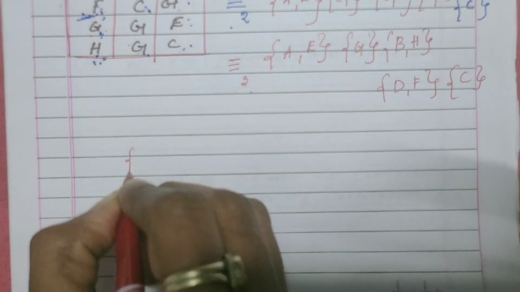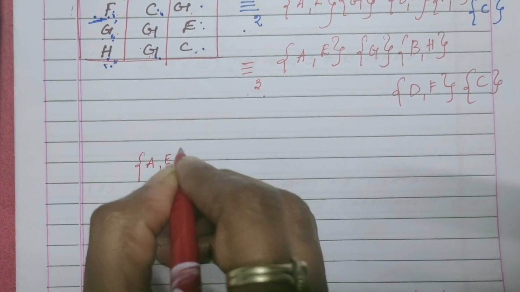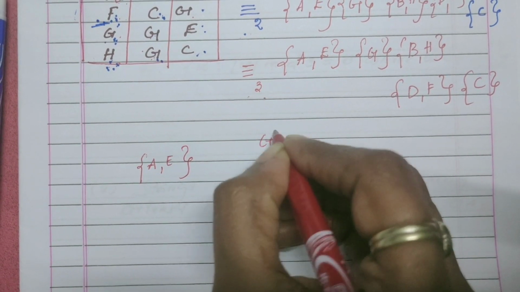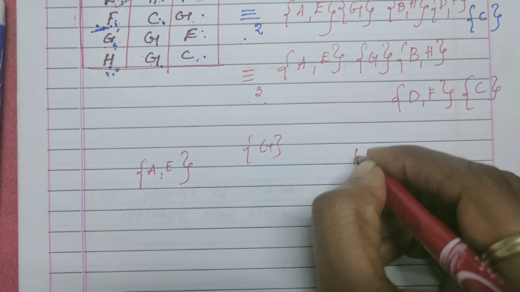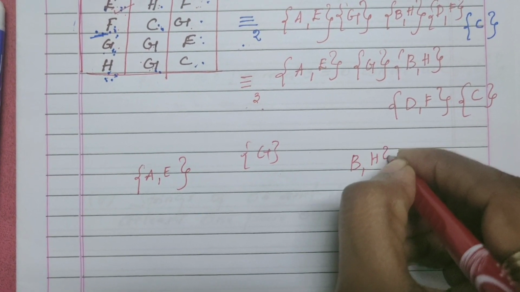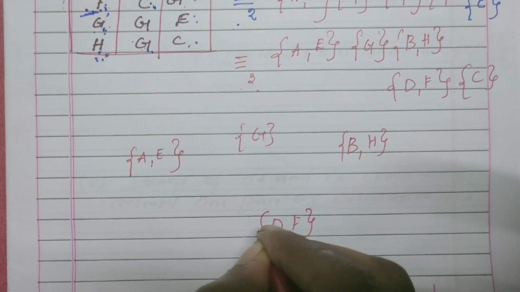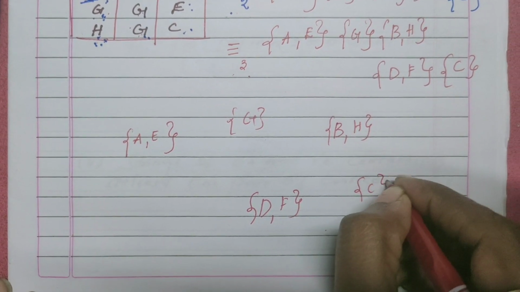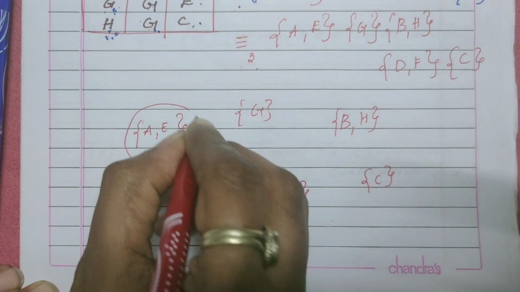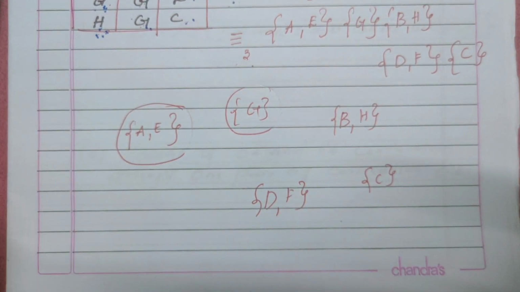I just draw here. AE is one state, G is another state, BH is one state, DF is one state, and C is another state. So I'll draw the states.